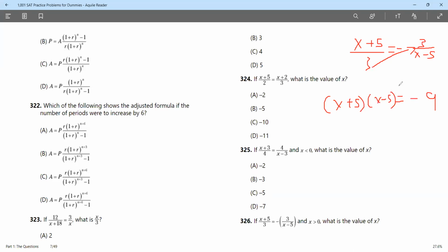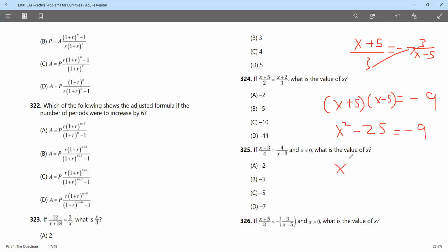We know that this expression is a difference of squares, because we have a plus sign here and the opposite sign there, but the two terms are the same. So the answer will be x squared, and 5 times negative 5 will be negative 25, equal to negative 9.